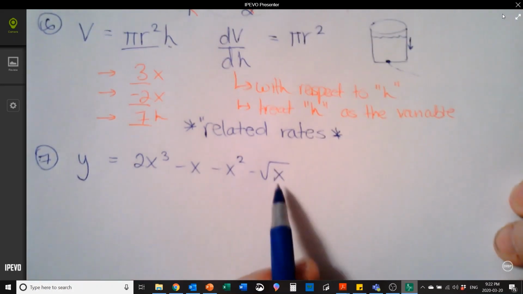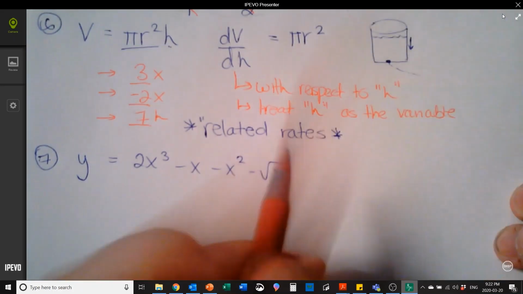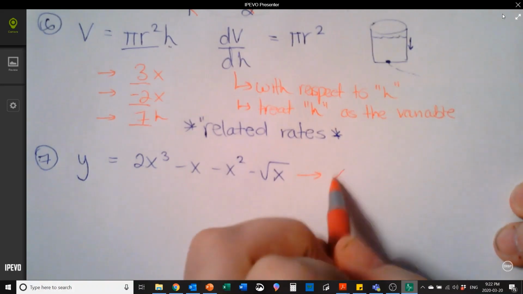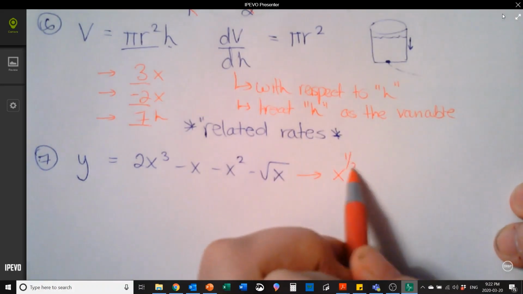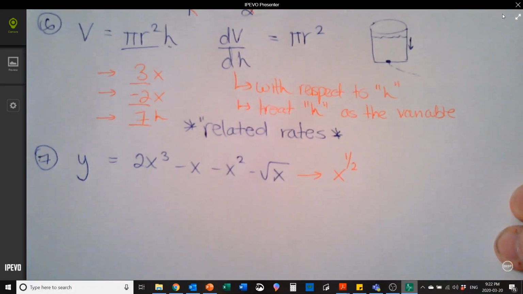You might notice you have a square root. Well, that's okay, because you've learned a lot about roots this year in Power. The main thing you want to do with a root is never leave it as a root. Change it to a fractional exponent. So root x is going to be x to the 1/2, cube root will be 1/3. Change those roots as soon as you get them to fractional exponents.